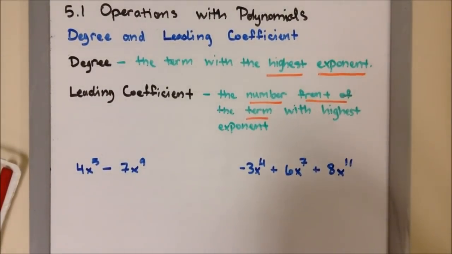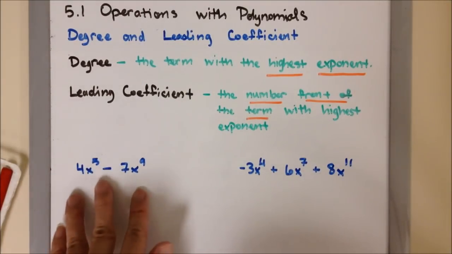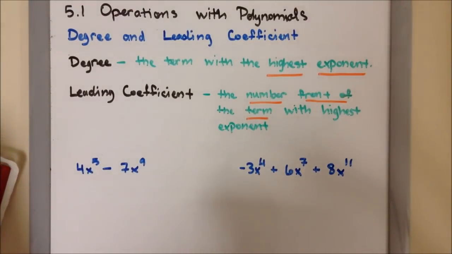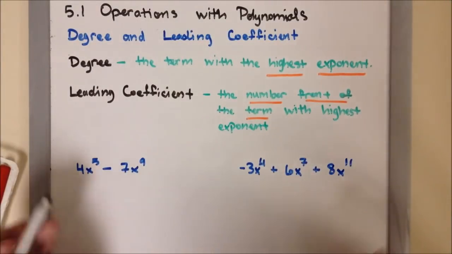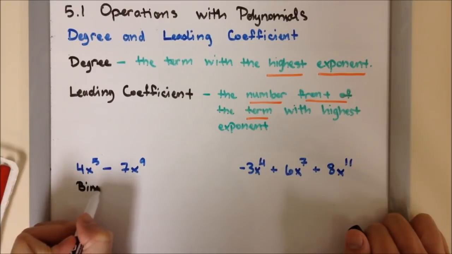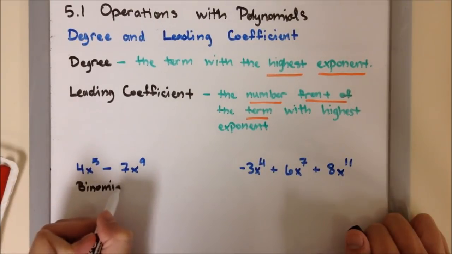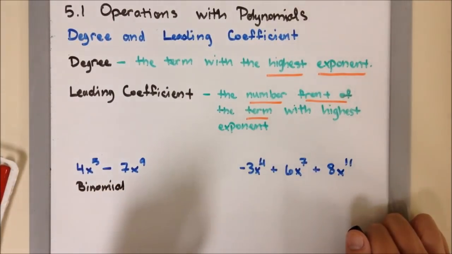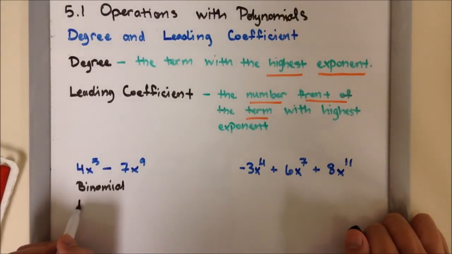Alright, in our first example, say that if I ask you to classify this, or what you have here, so I would say that I have two terms, so this is a binomial. And if you were asked to find degree, so I'm going to put D for degree, I don't have to write the whole word.